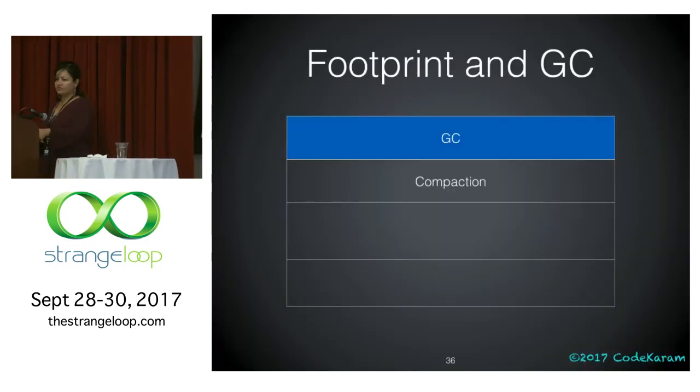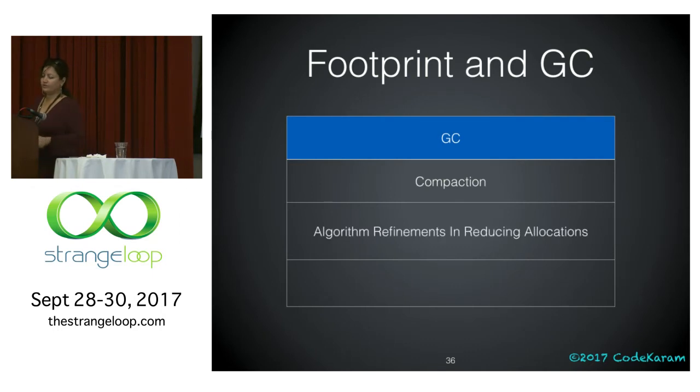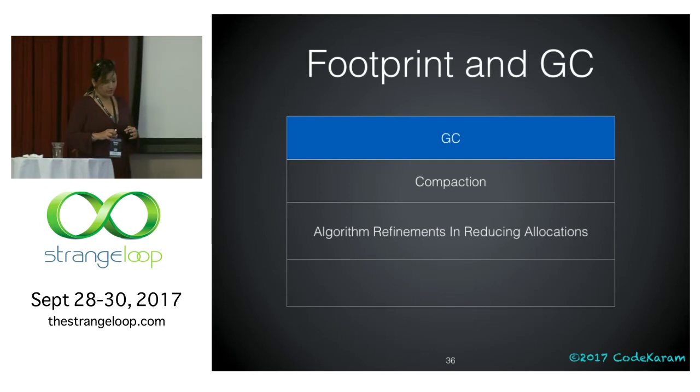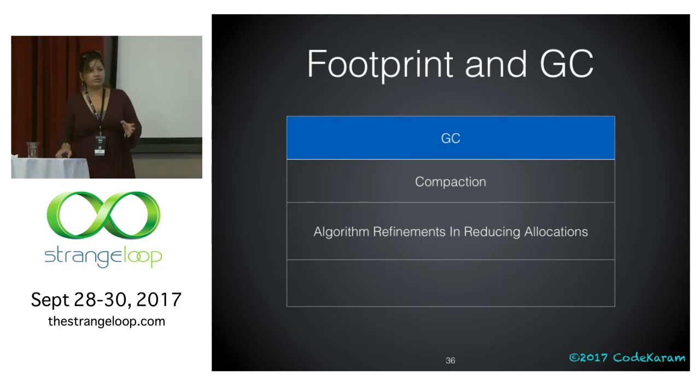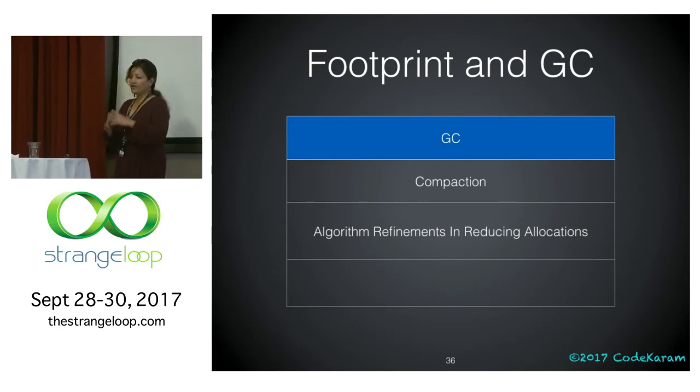So let's first talk about footprint and garbage collection: compaction and reducing allocations. So what is compaction? We have our heap space, and we have reclaimed a bunch of objects.